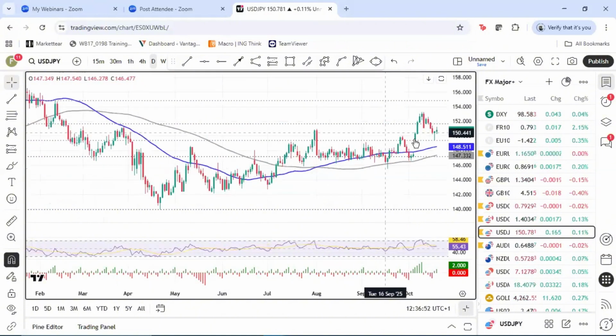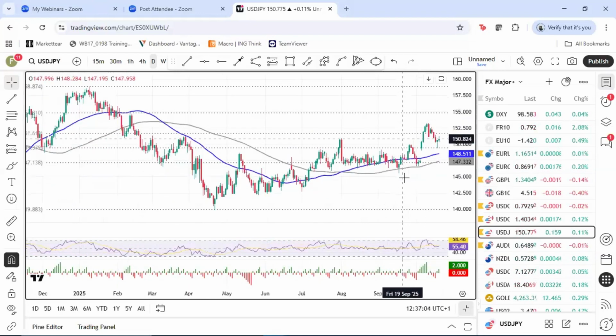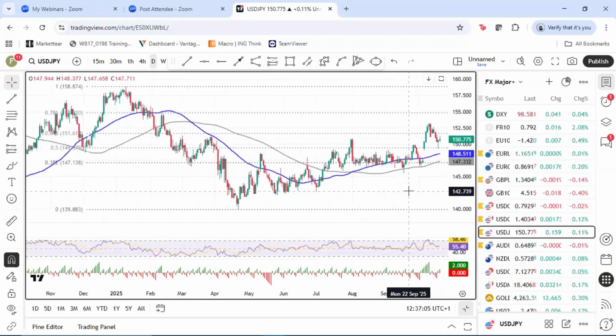Pulling this back, we have resistance around those highs from a couple of weeks ago, at 153.27, 153.23. So that is decent resistance, you would think. Otherwise, we've got some fib levels in here, 151.61, and then support around the halfway point of this move lower at 149.37.